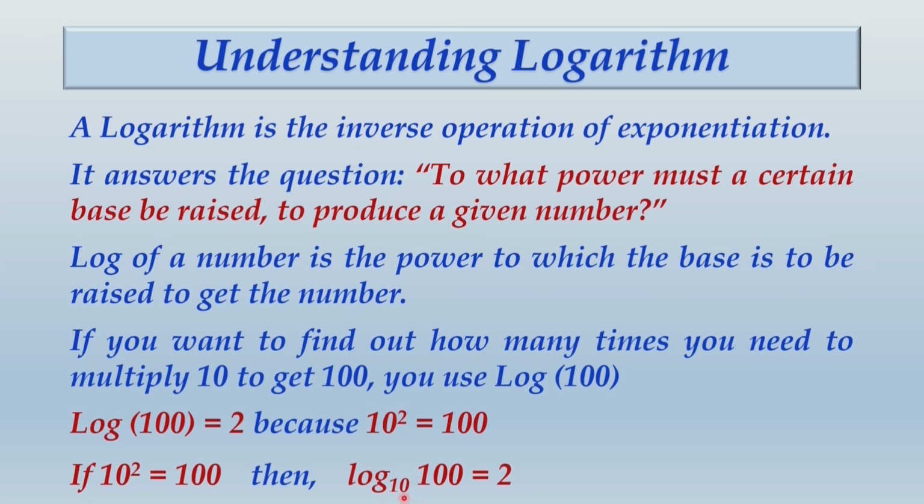The base is 10. If 10 is raised to 2, it will give you the number 100. So 10 squared is 100. So once again, log of a number, that is log of 100, is the power, that is 2, to which the base is to be raised. The base is 10. It is to be raised by 2 to get the number, that is 100.